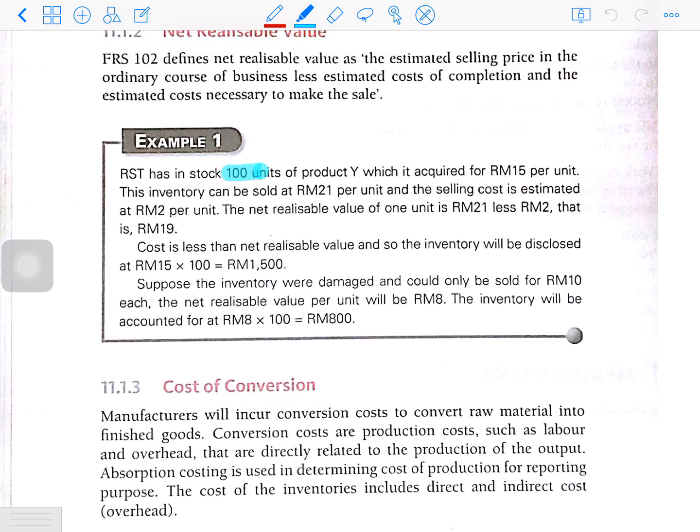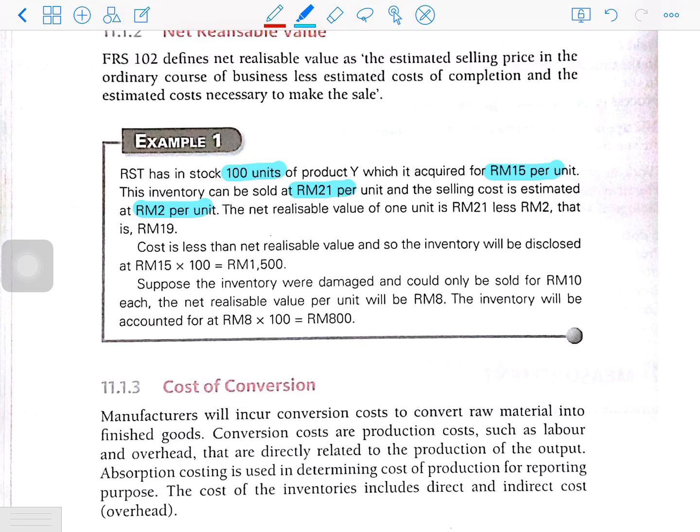Okay, this inventory can be sold at $21. So this is the selling price, $21. This is the cost per unit. And the selling cost is estimated, this is the cost to sell it, $2 per unit.